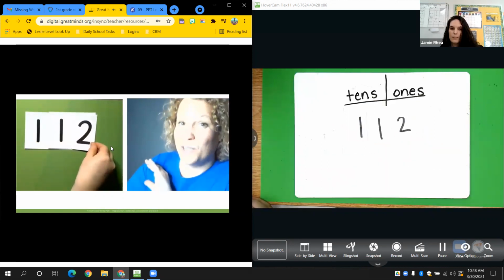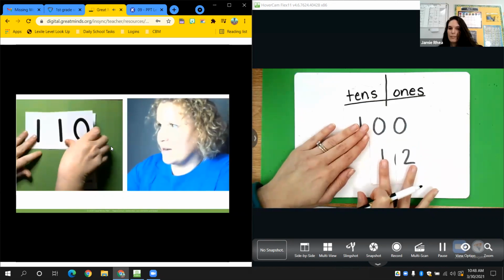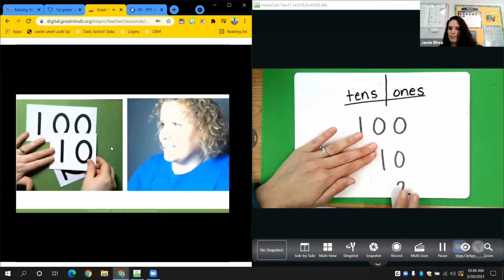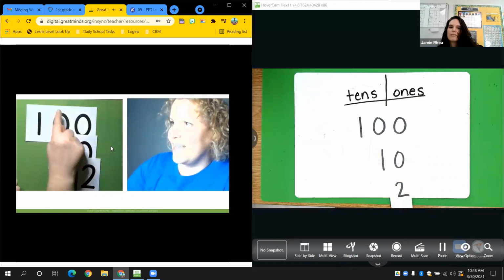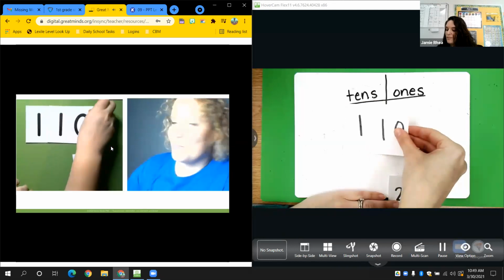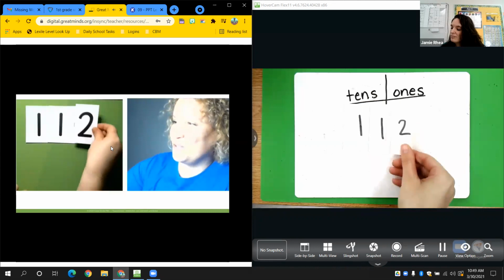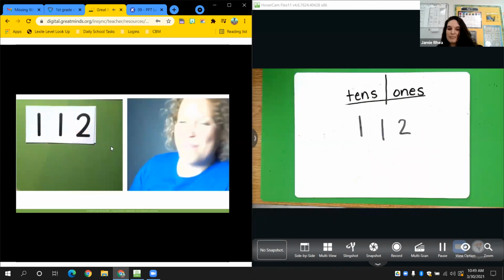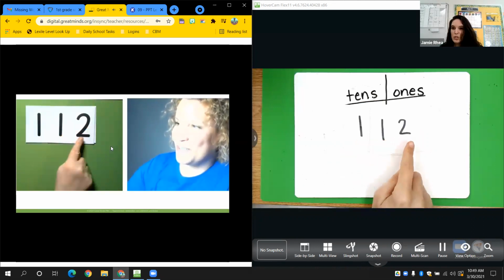And here's what's really cool. If I pull this apart further, I can see that 100 is 10 tens, and 1 more 10 makes 11 tens, and then 2 ones makes 112, or the say 10 way, 11 tens 2.